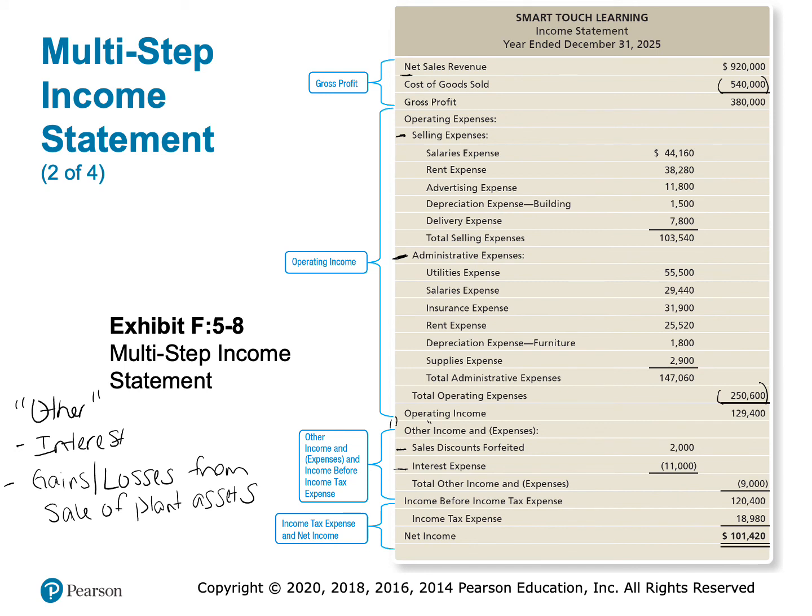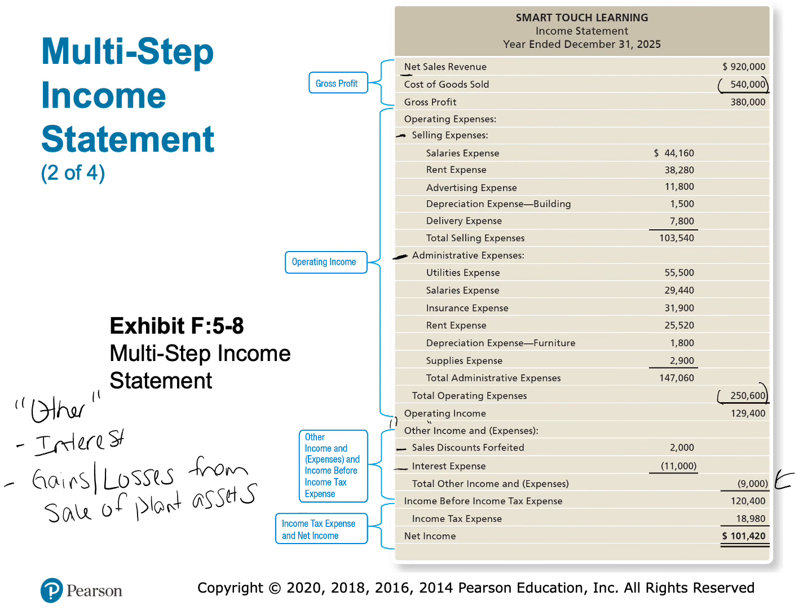So revenues and gains minus expenses and losses gives us our total other items. If revenues and gains exceed expenses and losses, then this total is a positive number. In this case, the revenues and gains were less than the expenses and losses, so the total is a negative number, but you just add those numbers up.